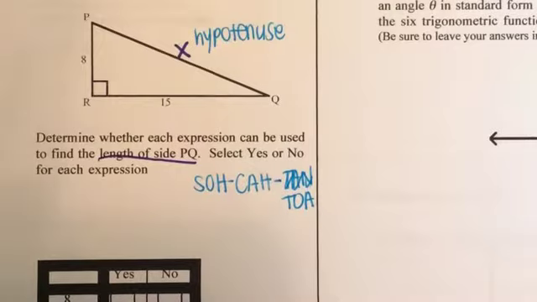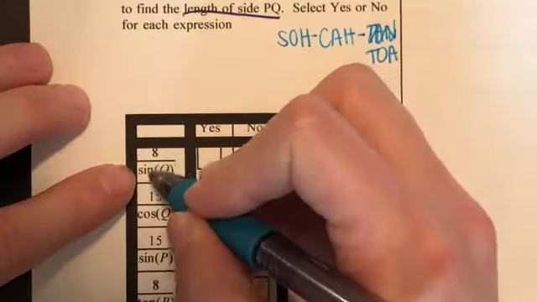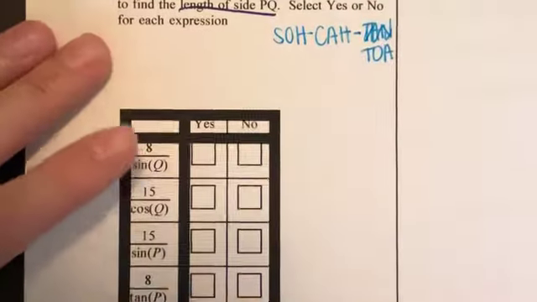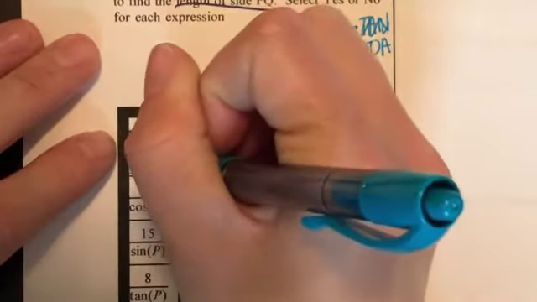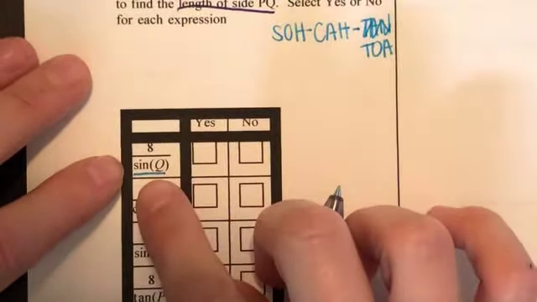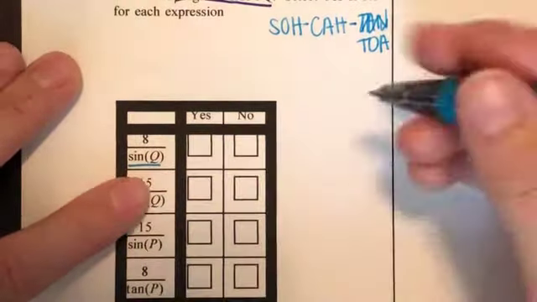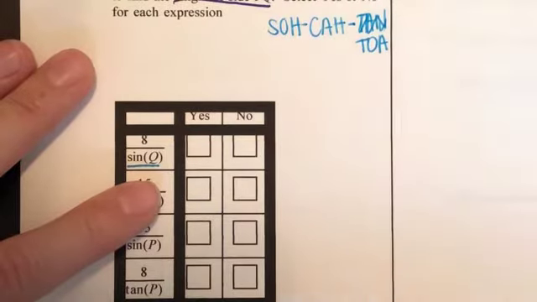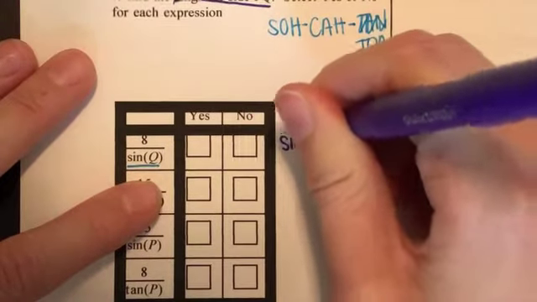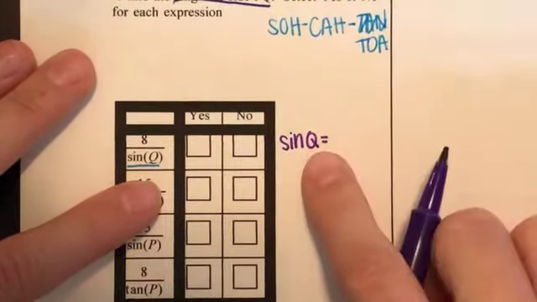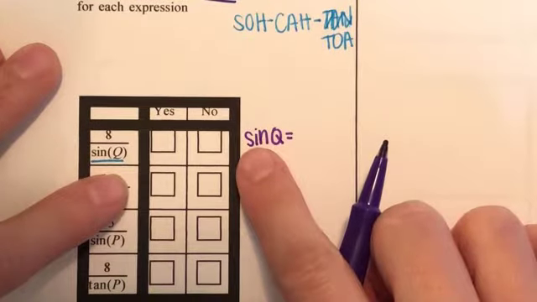Okay, so first, we want to know if 8 over sine Q is going to help us solve for X. I think the easiest way to do this is to look at sine Q and write that ratio or fraction. So I'm going to write sine of Q equals, and I know sine means opposite over hypotenuse.